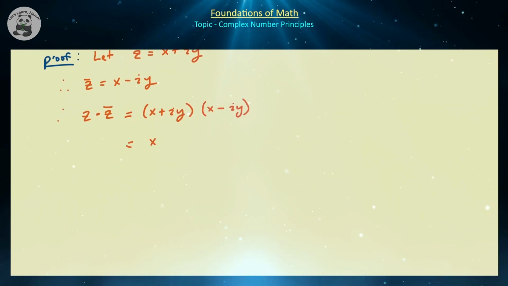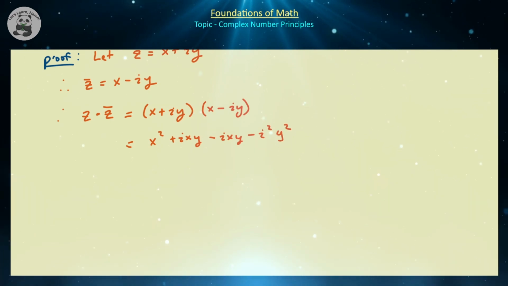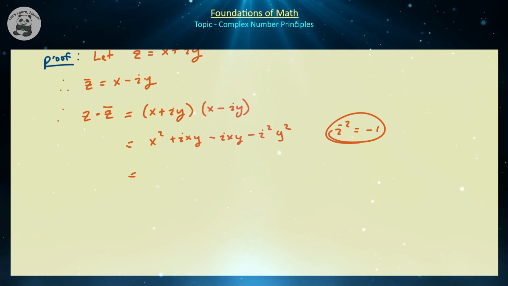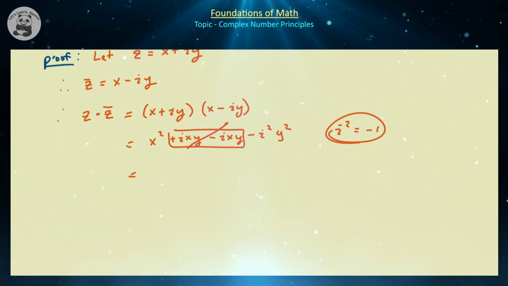So this is going to be equal to x squared plus ixy minus ixy minus i squared y squared, and keep in mind i squared is equal to minus 1, so since this middle term cancels, it's just going to be equal to x squared plus y squared.